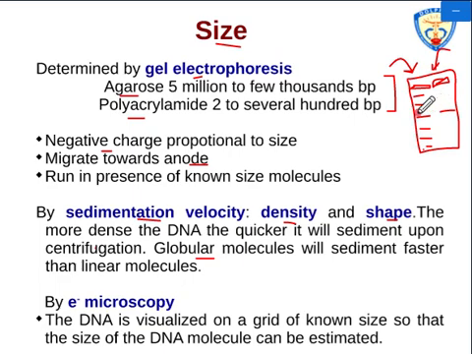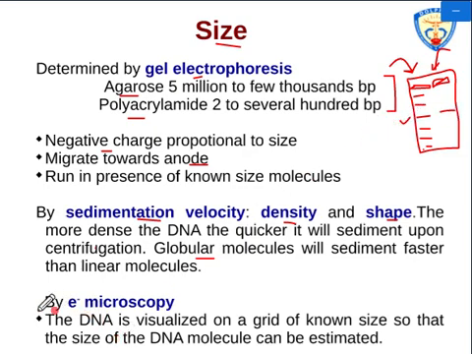This can be compared to the bands of the known-size molecules that we've already run in the first well. By comparing, you can know the approximate size of the sample that you are studying. This is one way to find out the size of a nucleic acid molecule.